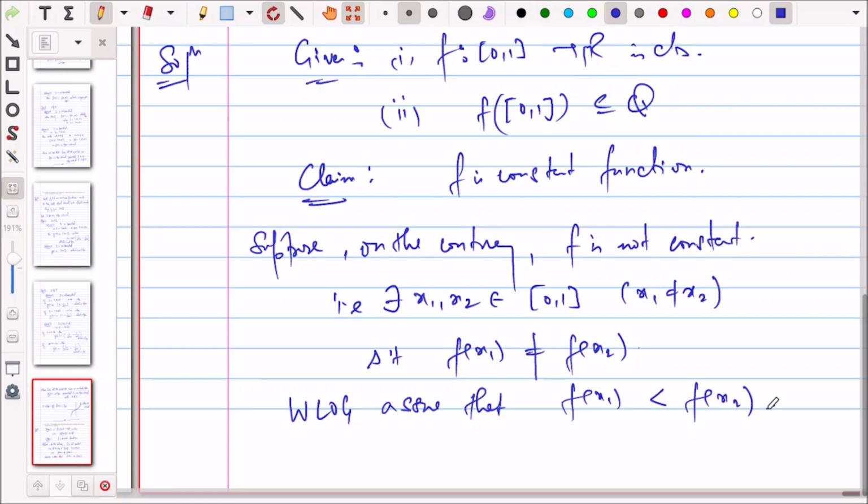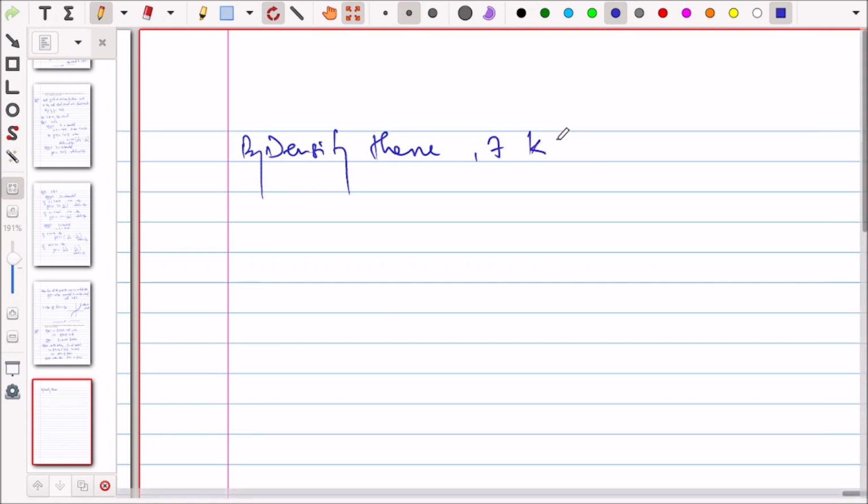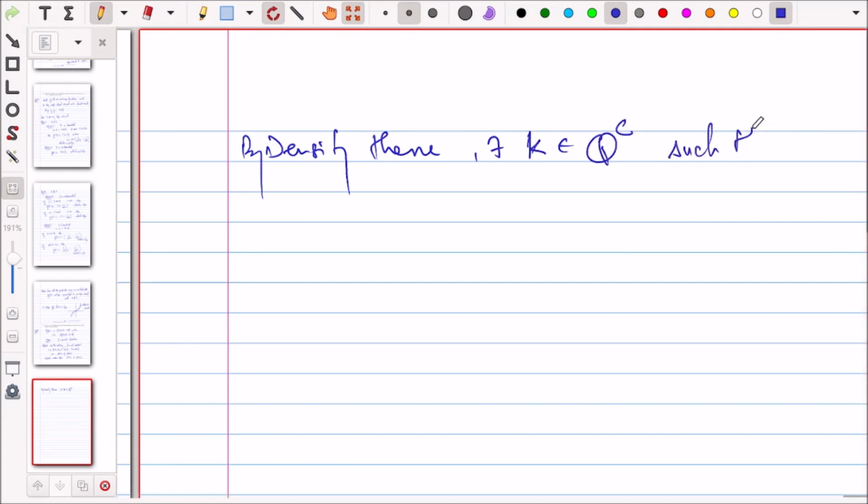Now, because these two numbers are different, by the density theorem we know that between any two real numbers there are infinitely many real numbers. So by density theorem there exists k belonging to the irrational numbers, k belonging to Q complement, such that this is possible.